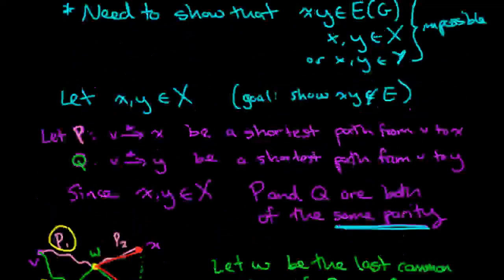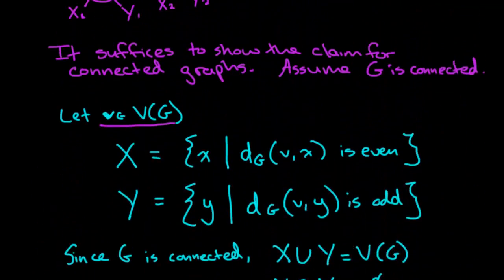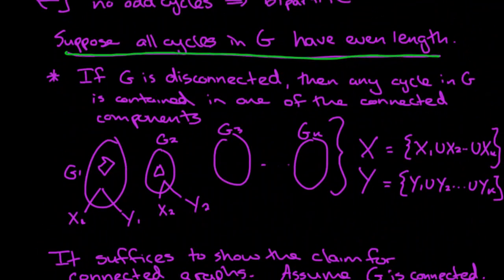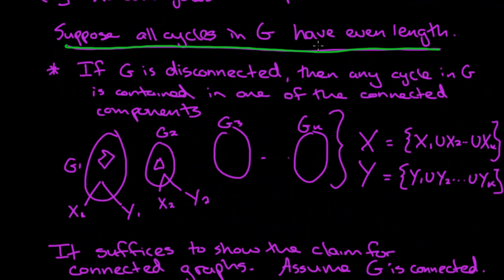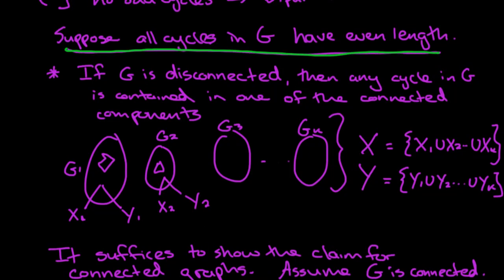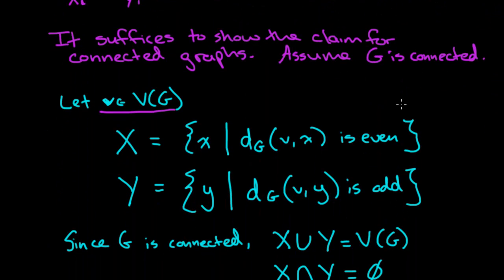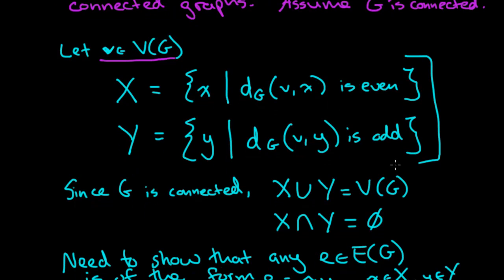Alright, so let's recap. What did we do? We said that if all the cycles in the graph have even length, we can consider simply the connected graphs, and then once we do that, we are able to partition the set of vertices into these two pieces so that it has all of the desired properties. This part, first of all, is obvious. We were able to see that it satisfies that condition.